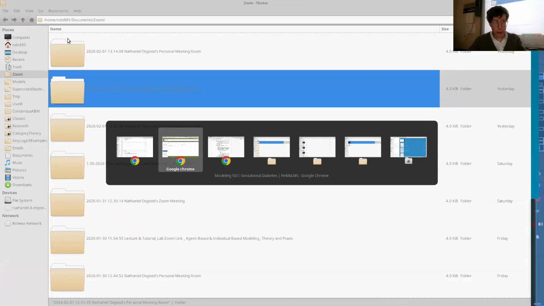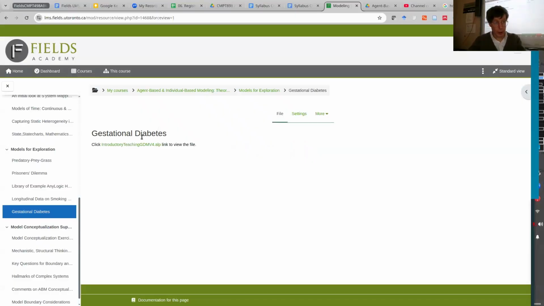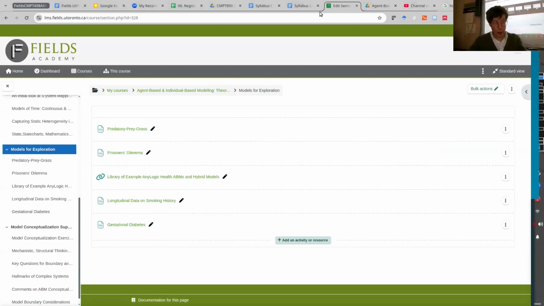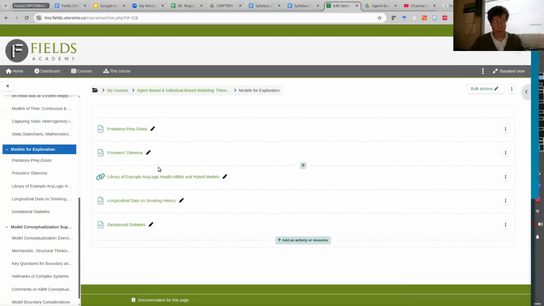Sorry? Not in the modules? Okay, so here it is. It's called Gestational Diabetes for Fields. Let me just go and see. It's called Introductory here. Okay. It's under models used in class. Okay.